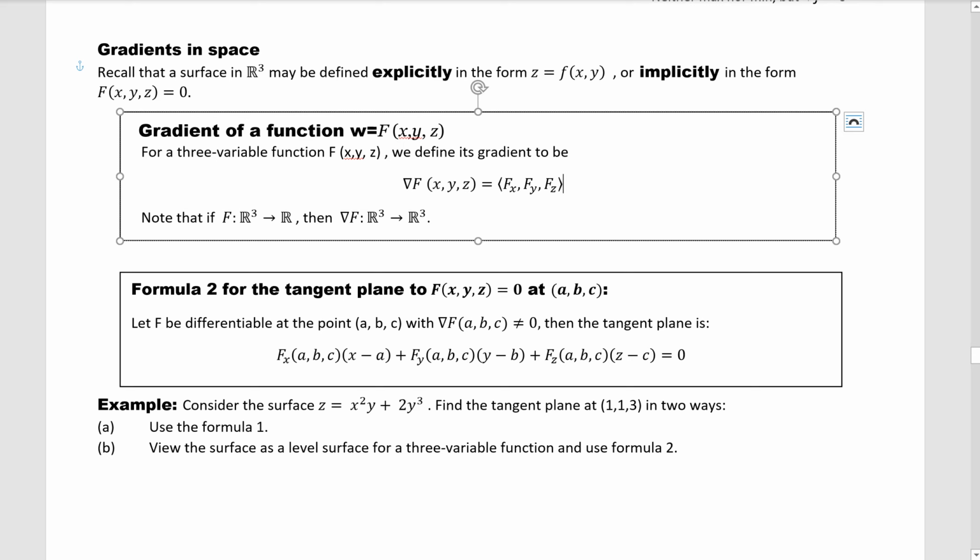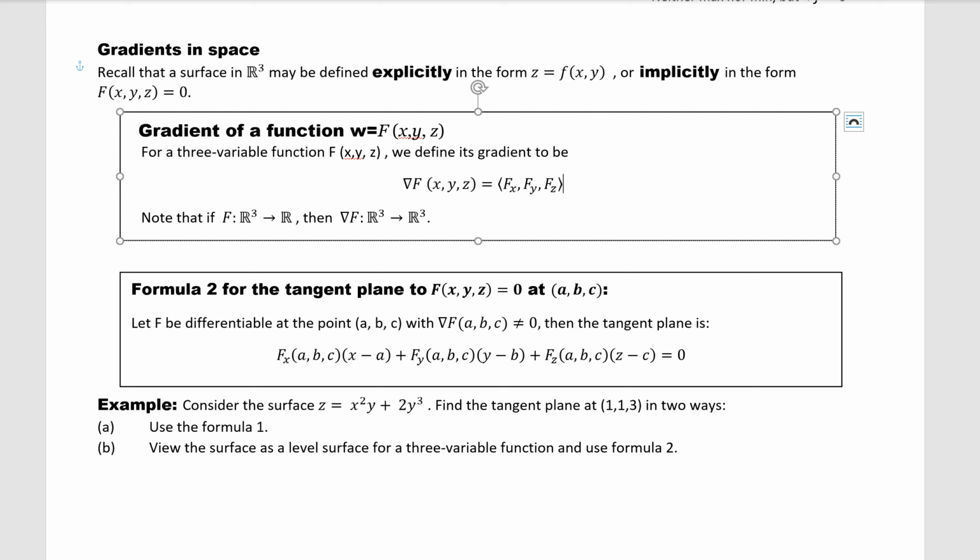We have 3 independent variables, and the output is a dependent variable w. Then we can also define the gradient vector. We have 3 coordinates: partial f partial x, partial f partial y, and partial f partial z. Notice that f is a function from R3 to R, then the gradient is a vector valued function from R3 to R3.